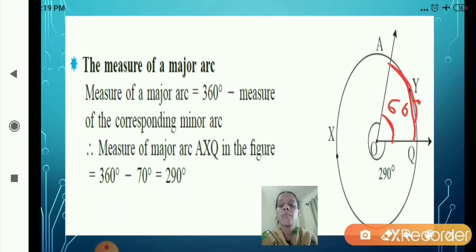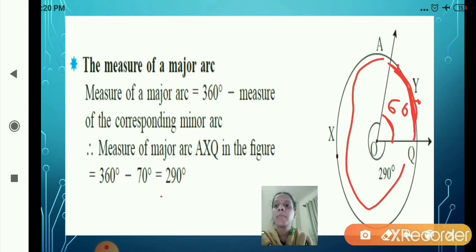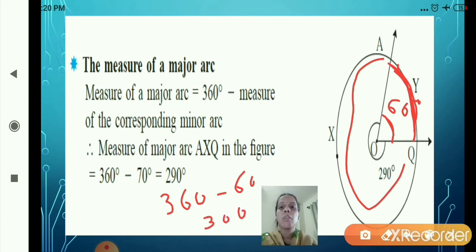Now how will you find this major arc AXQ? Again the same: 360 degree minus 60 degree. So what is the answer? 300. Hope you are clear with this.